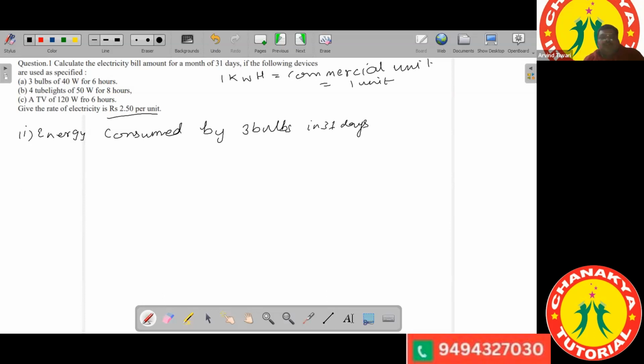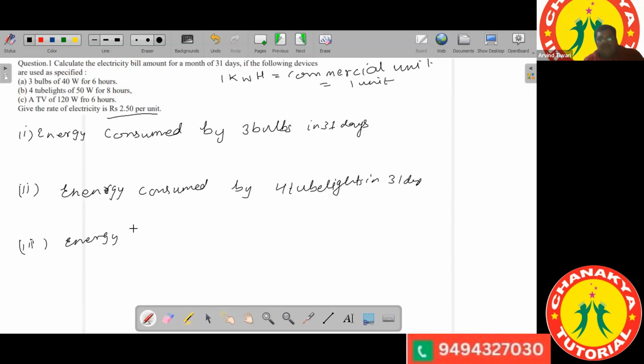Then you need to compute the energy consumed by 4 tube lights, again in 31 days. Then the last one you need to compute is the energy consumed by TV in 31 days.